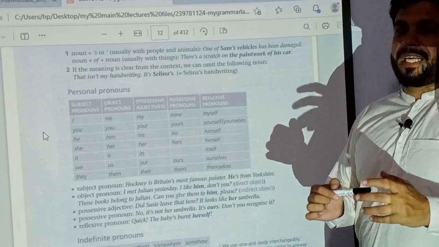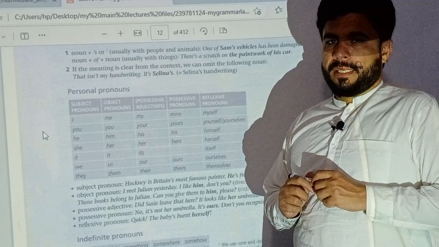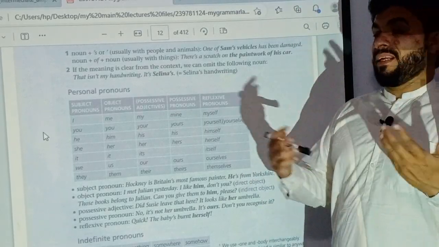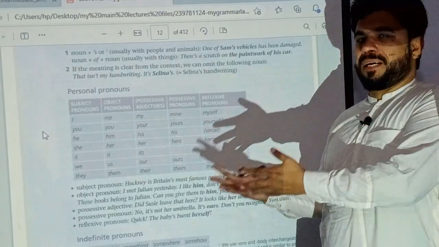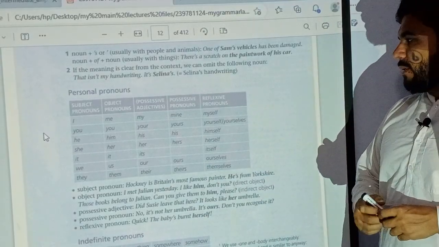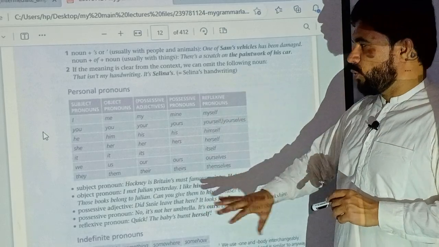One is a subjective part, and the second is a predicative part. In some other lecture, I'll be shedding some light on what a subjective part is, what things it has, and what a predicative part is, and what aspects it has. So I'll be explaining that in some other lecture. But for the time being, this is what I'm talking about here.